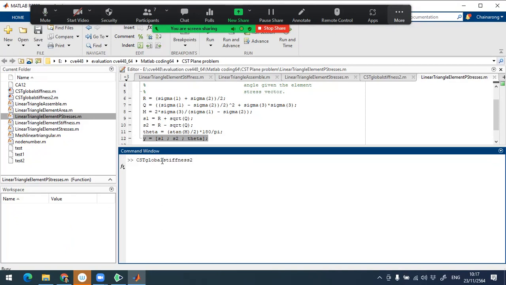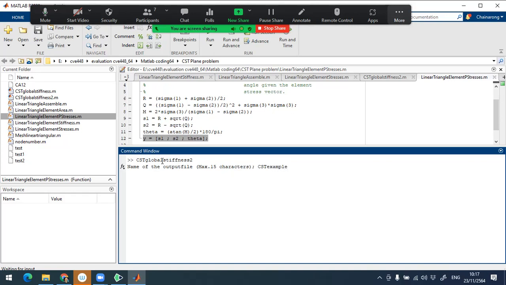And then this is just for the input file. I clear the input file for you also. For example, we may use the input file like CST example.